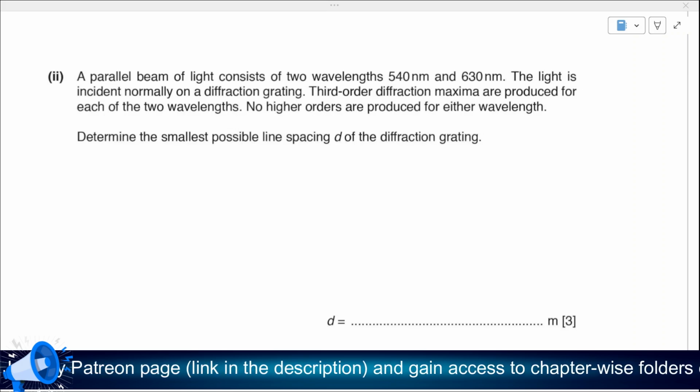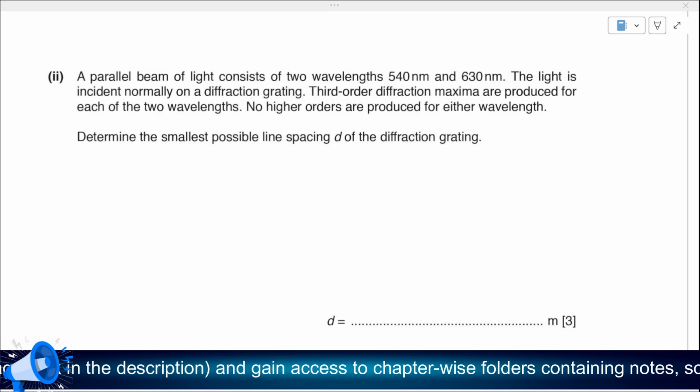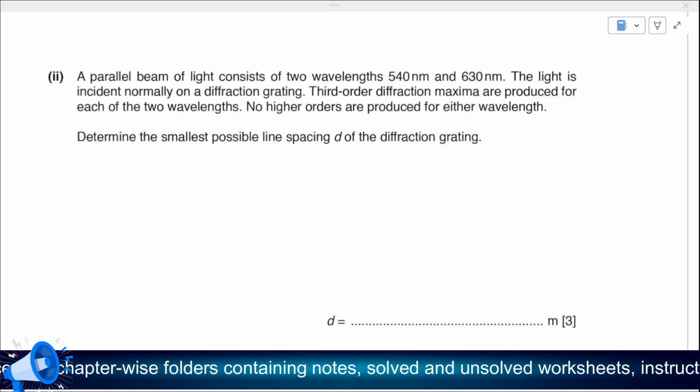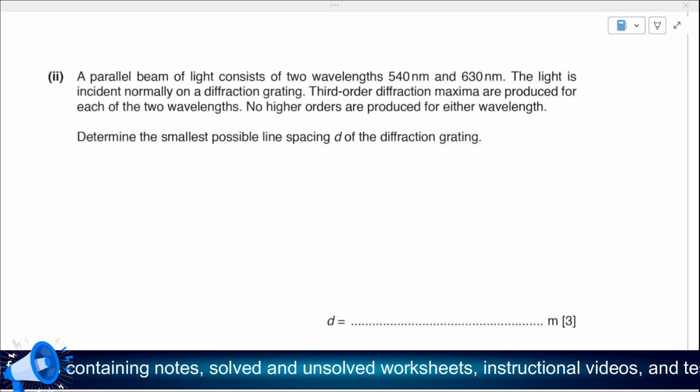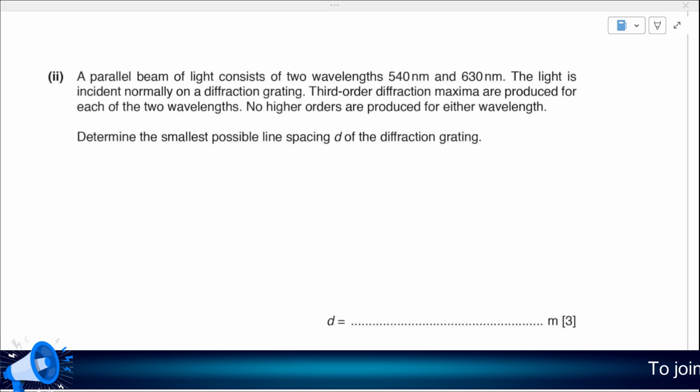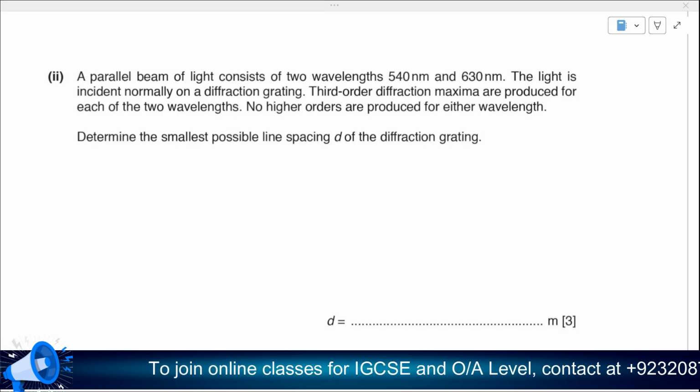Third order diffraction maxima are produced for each of the two wavelengths. The value of n is 3. No higher orders are produced for either wavelength, so maximum that you get is 3. Determine the smallest possible line spacing d of the diffraction grating.